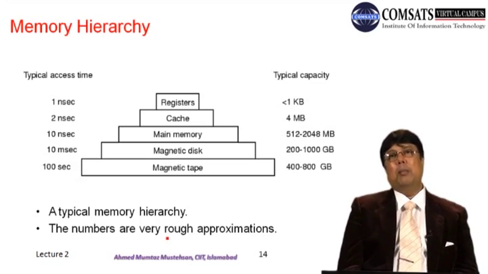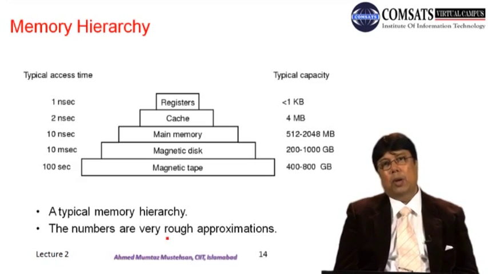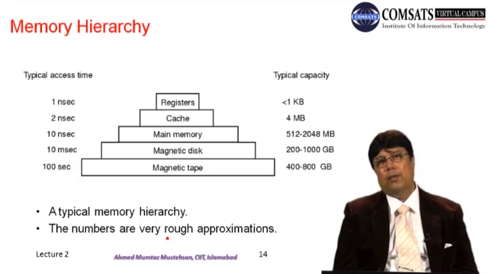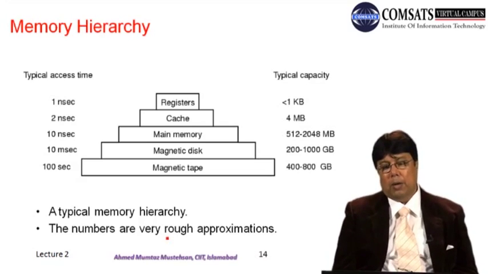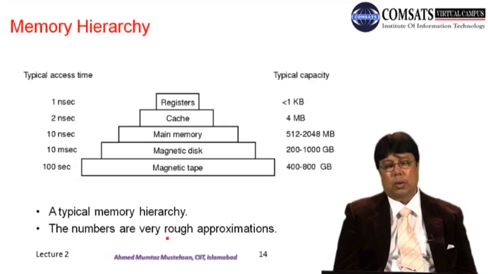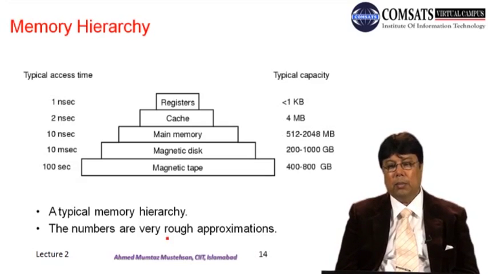Then comes the main memory. Main memory is the memory of the computer, that is called RAM. I will explain later on, but this is a random access memory, very fast compared to the hard disk, but very slow as compared to the registers and cache.